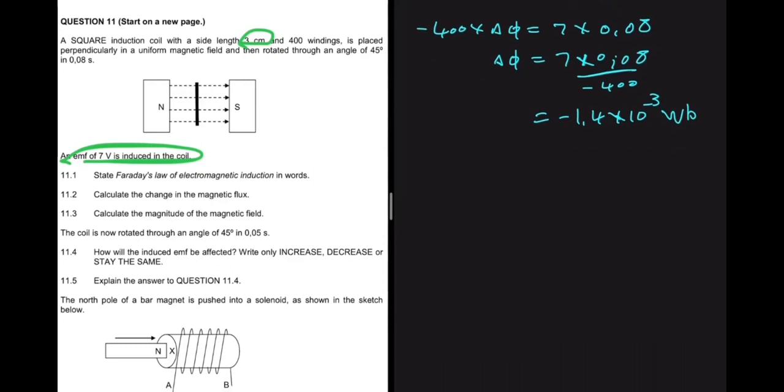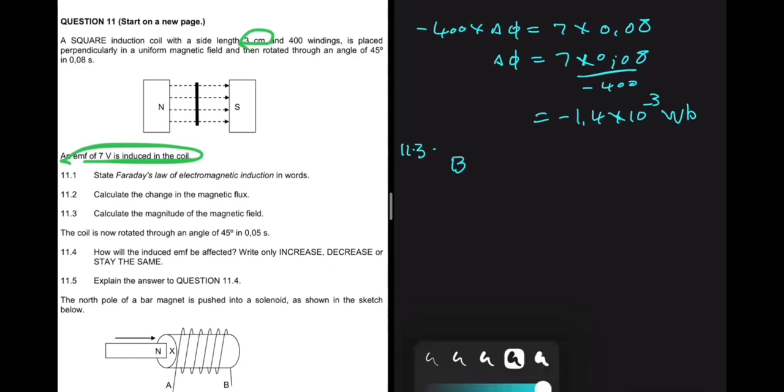Now, what we need to do for 11.3 is to find the magnitude of the magnetic field. The symbol for the magnetic field is B, right? It's measured in Tesla. To find that magnetic field, we're going to use the change in the magnetic flux.